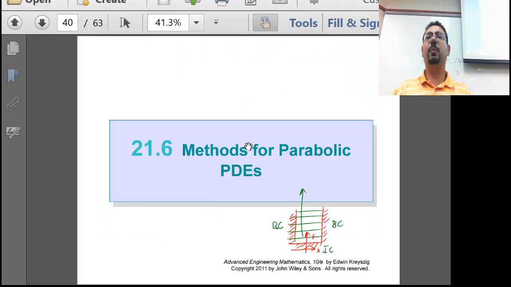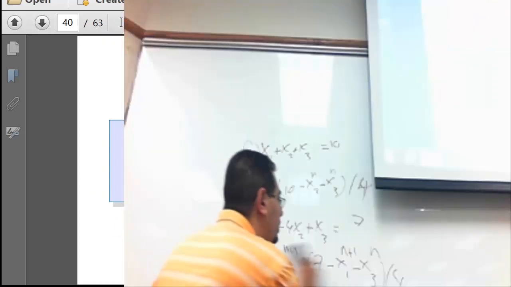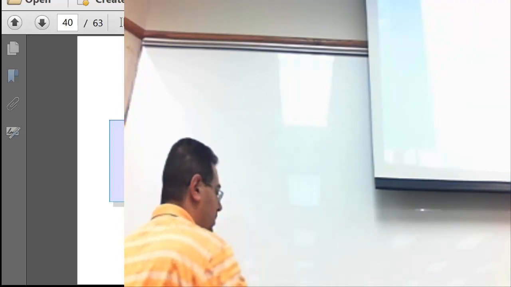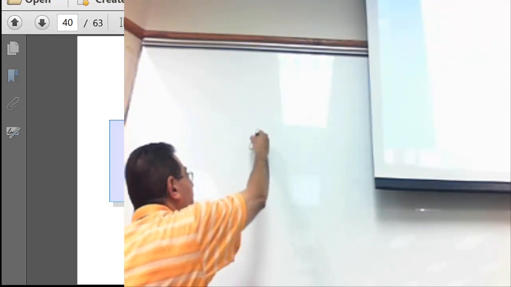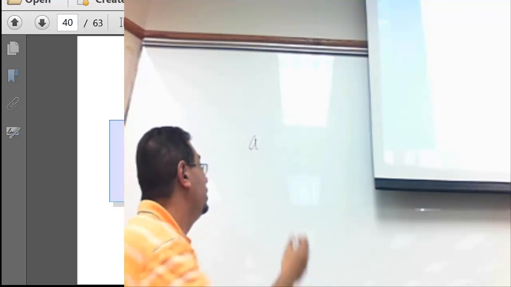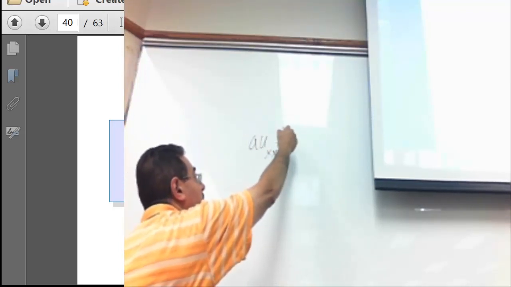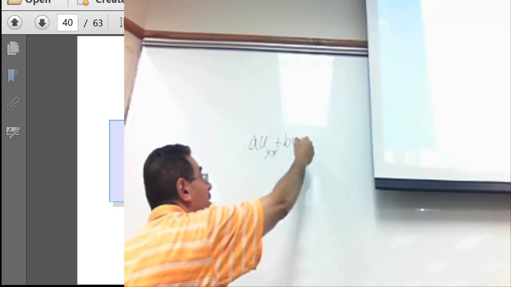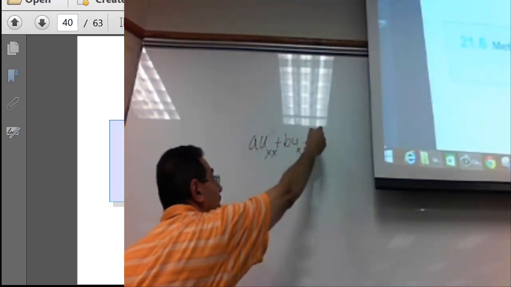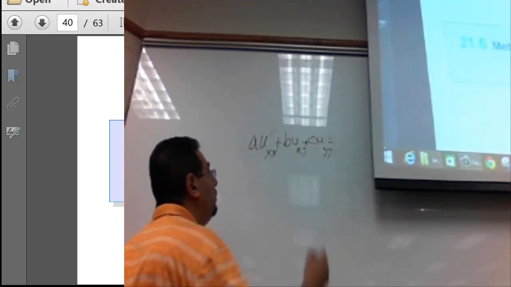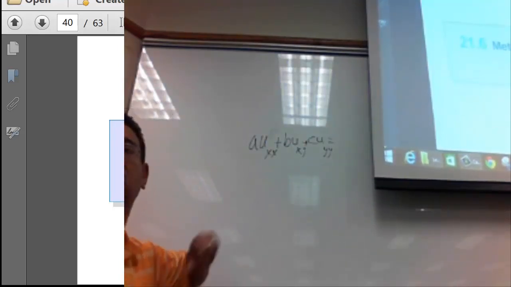So, methods for the parabolic partial differential equation. To start with, where are those names coming from? Any second order partial differential equation is a uxx plus b uxy plus c uyy equal a bunch of stuff. That's a second order partial differential equation.